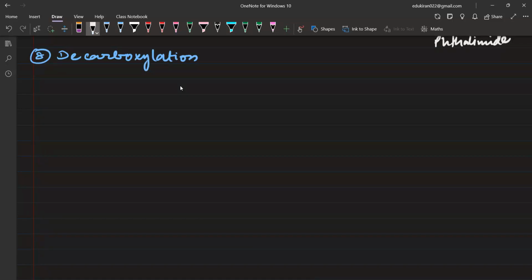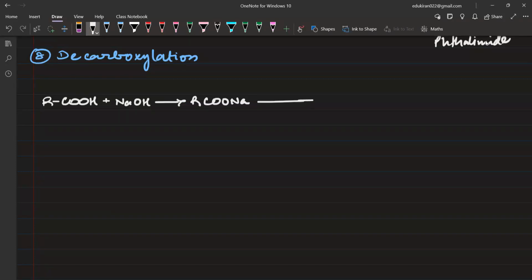There are two methods for decarboxylation. One is soda lime, and then we have Kolbe electrolysis. So the basic reaction for soda lime is, first of all, you take the carboxylic acid, you react this with NaOH to get a salt, that is RCOONa, sodium carboxylate. Then you add soda lime.